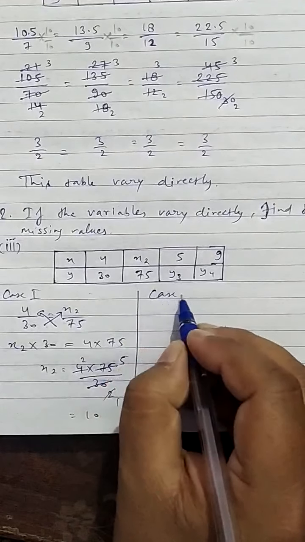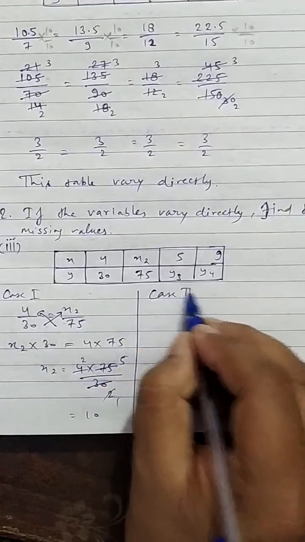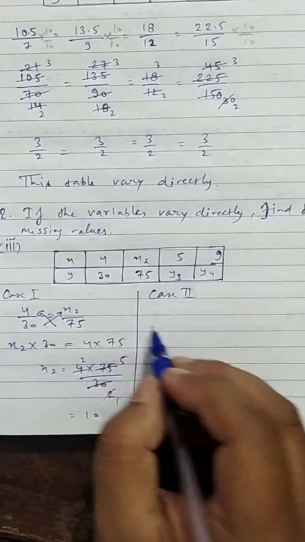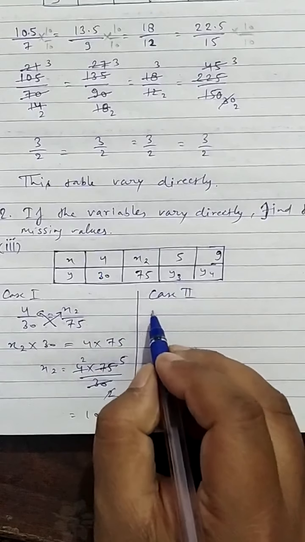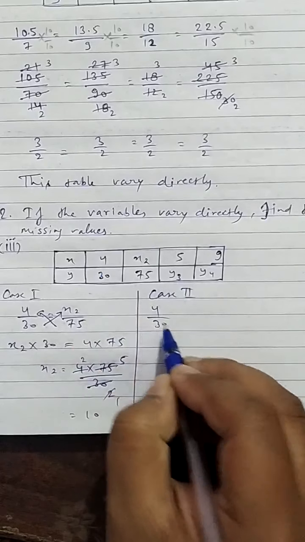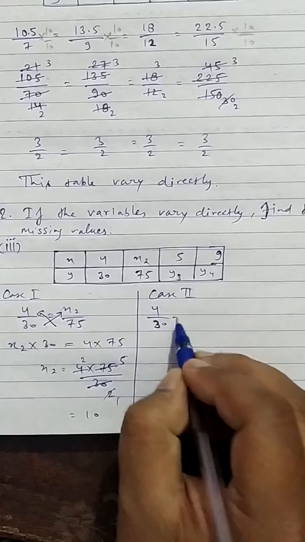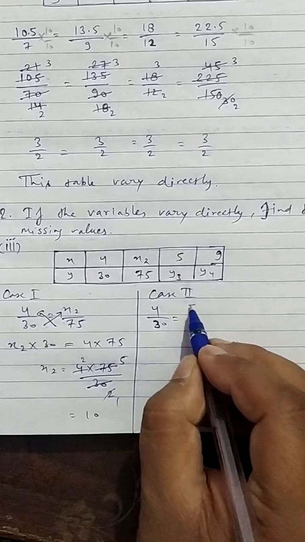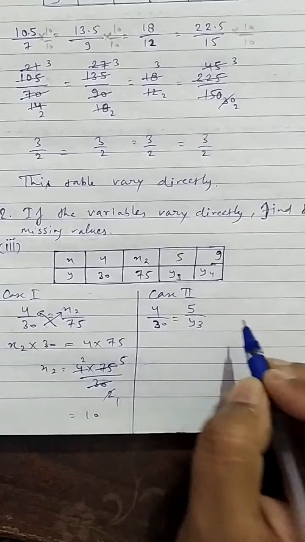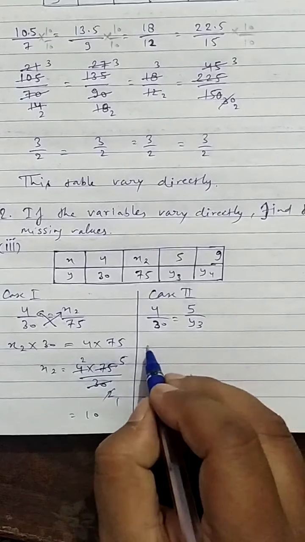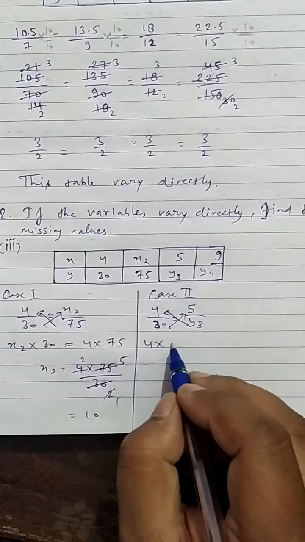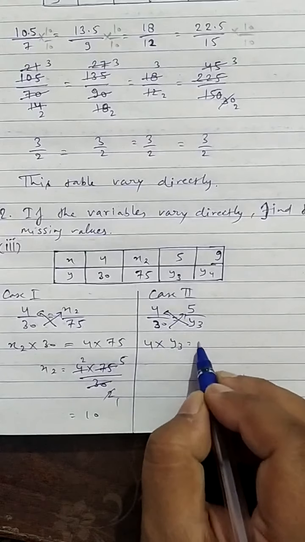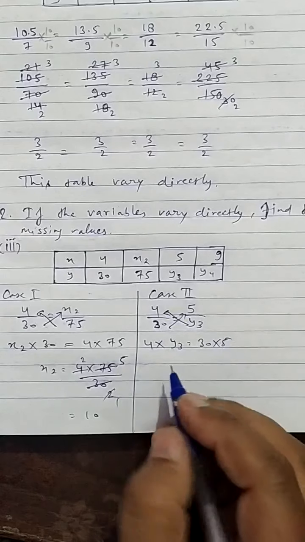Case 2 is for y3. So we can use this: 4 upon 30 equals 5 upon y3. On cross multiplying we get 4 into y3 equals 30 into 5.